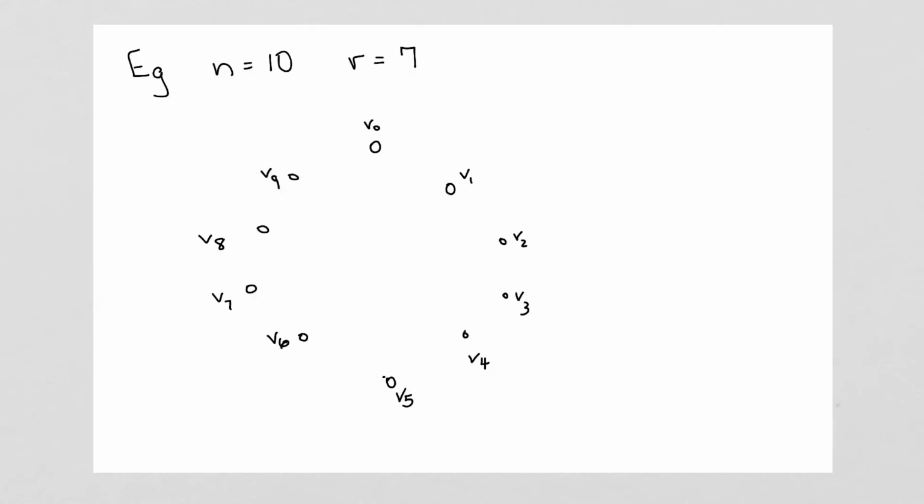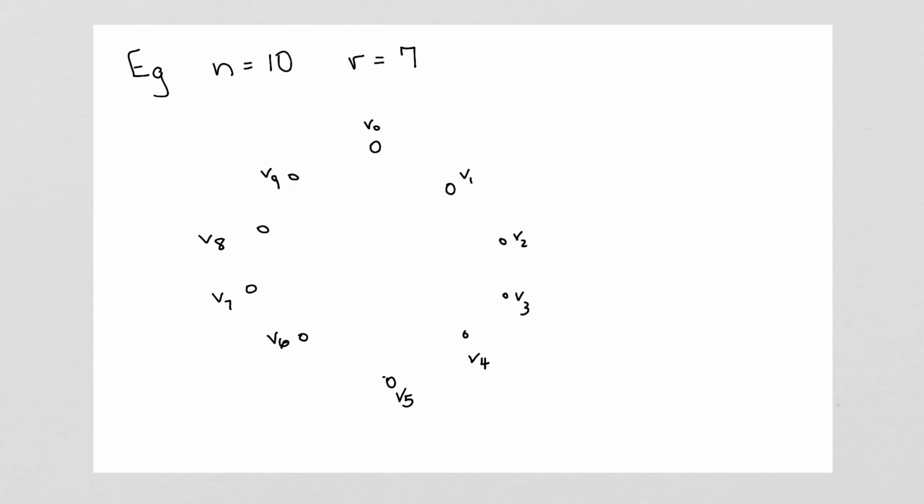So let's look at the example where we have n equal 10 and r equals 7. So order 10. I've labeled my vertices V0 through V9 and arranged them around a circle as evenly spaced as I could. We want r equal to 7.